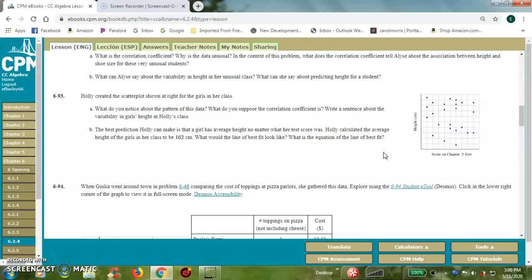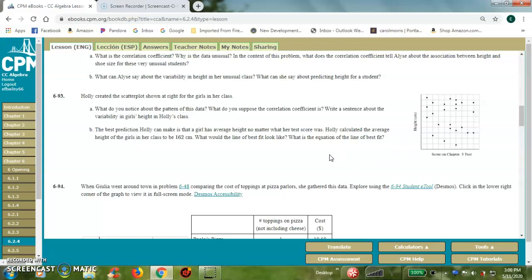If we tried to put in a line of best fit, it would put some sort of horizontal line right in the middle of all of this data. And you can see it would be about the same number of points above and below. So Holly can't really make any predictions about average height based on test scores.